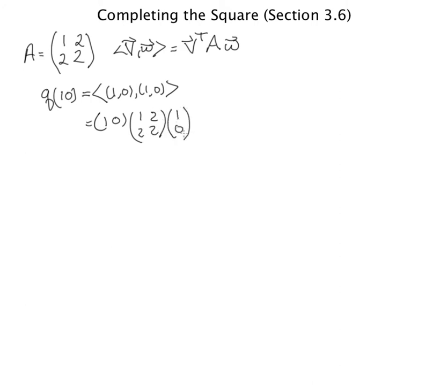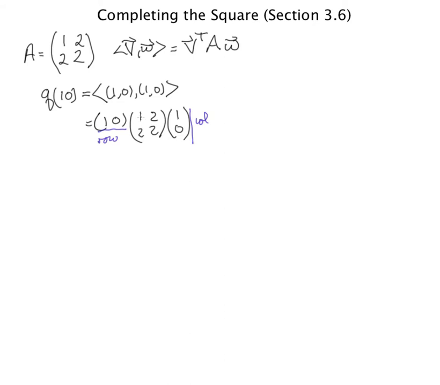And by the way, you can be a little bit sloppy about where you put the transpose. The point is that you need a row vector on this side and a column vector on this side. And so as long as you have the transpose on one side and not on the other, you'll be okay.